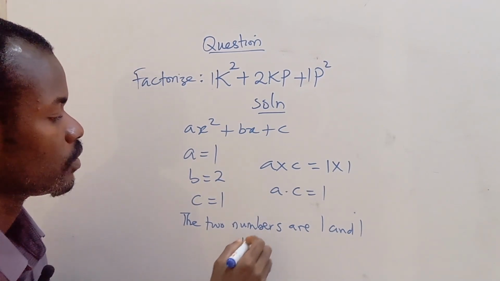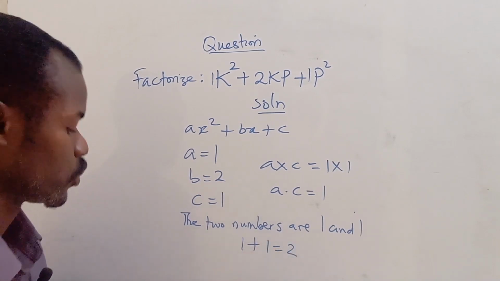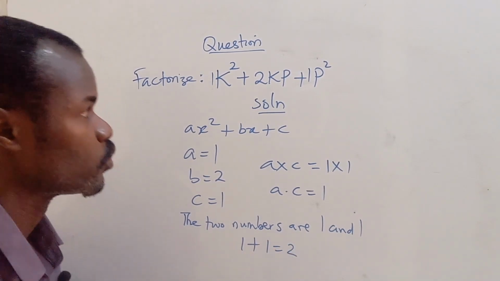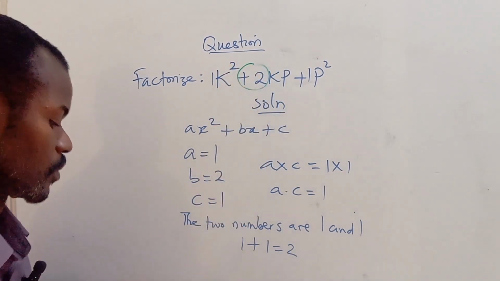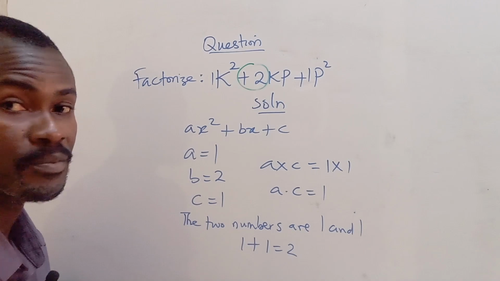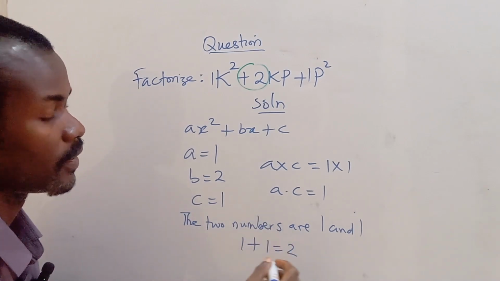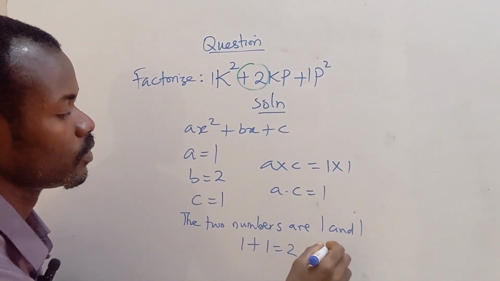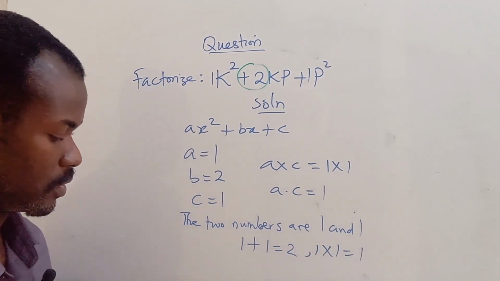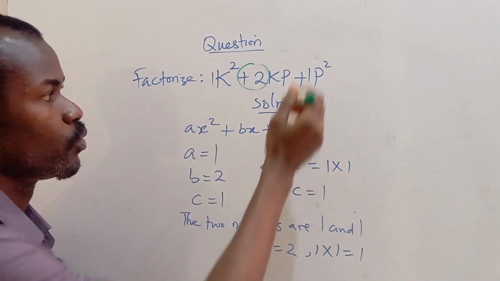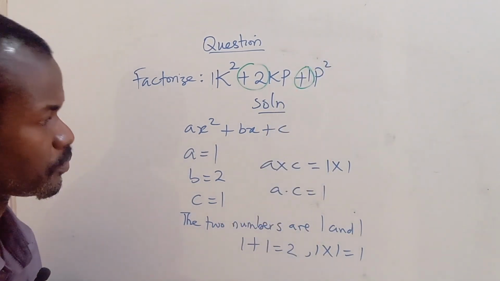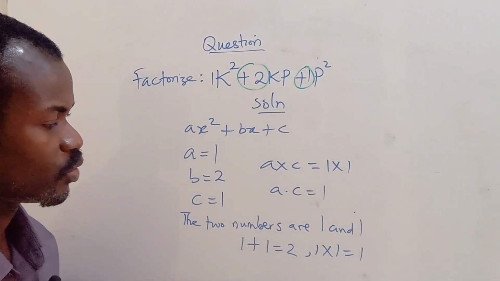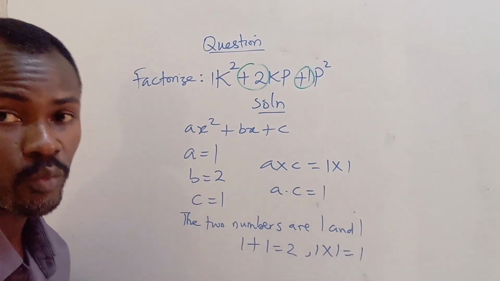If we check, 1 plus 1 is going to give us 2, which is this 2 that we have here, and 1 times 1 is going to give me 1, which is this 1 that we have here. So the two numbers are actually 1 and 1.